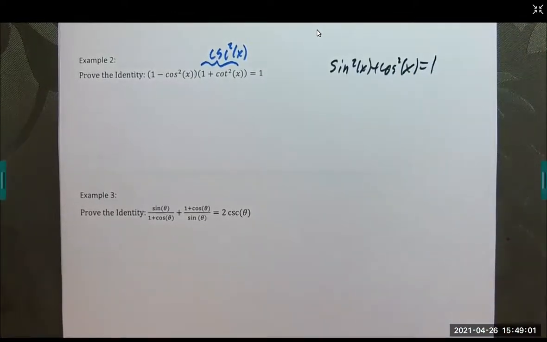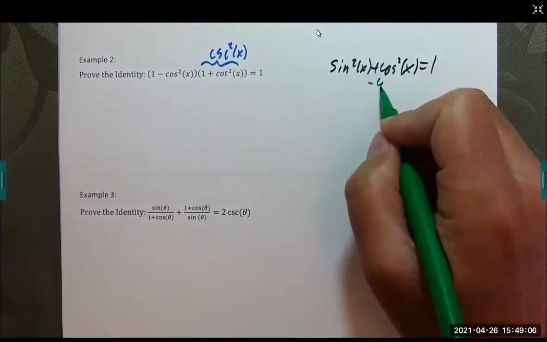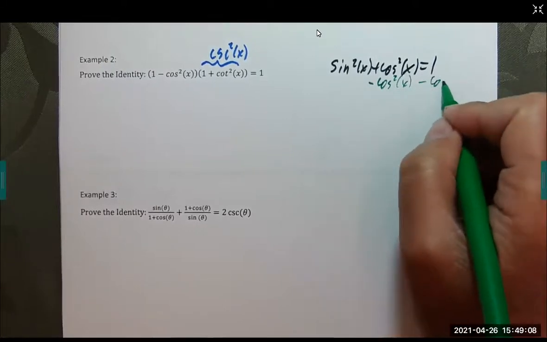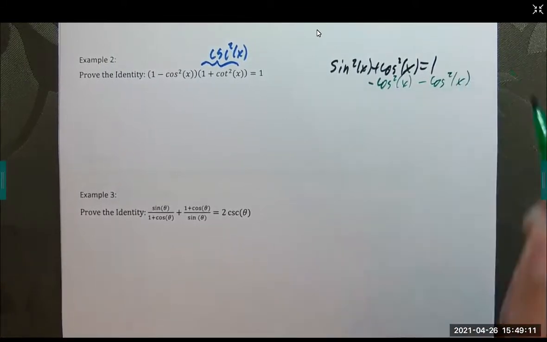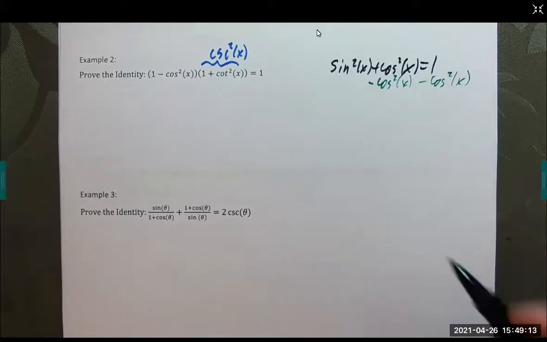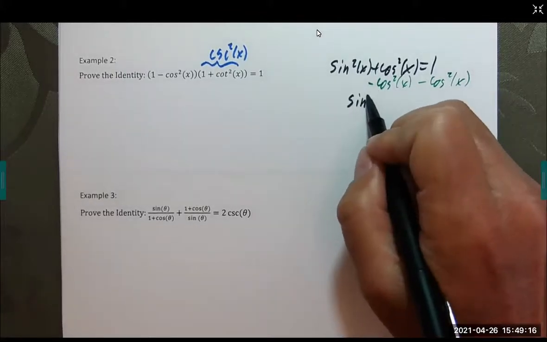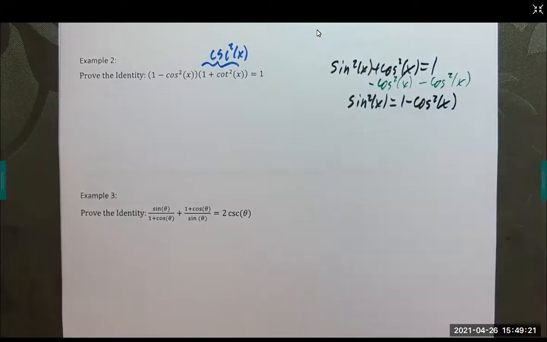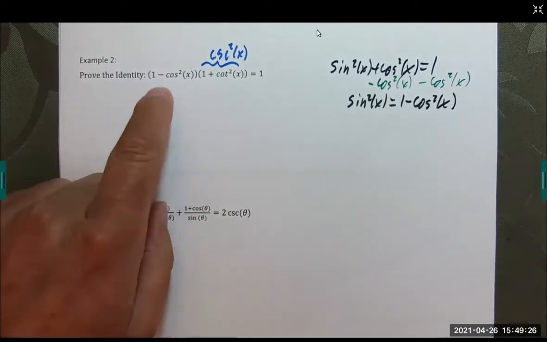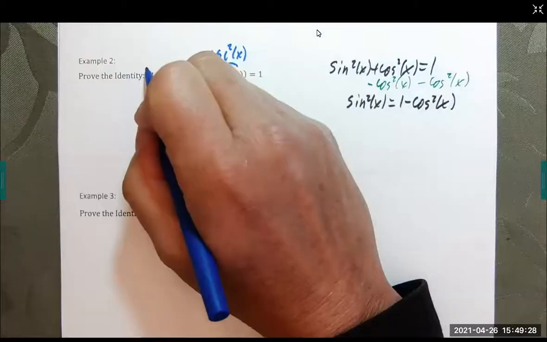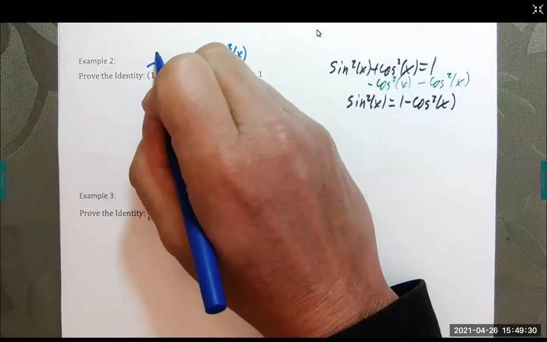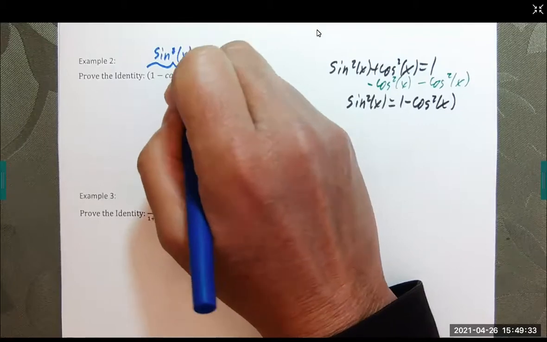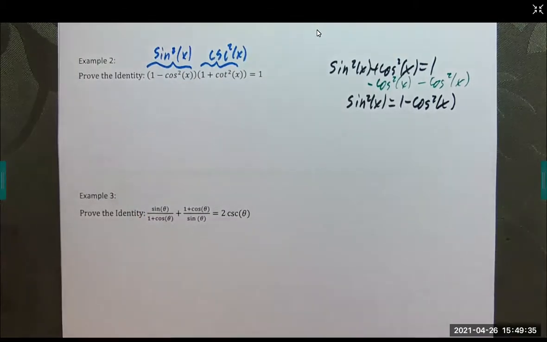What I can do is subtract a cosine squared x from both sides. This tells me that sine squared x is equal to 1 minus cosine squared x. And why is that relevant? Well, that's because this here is now sine squared x. So let's start this.